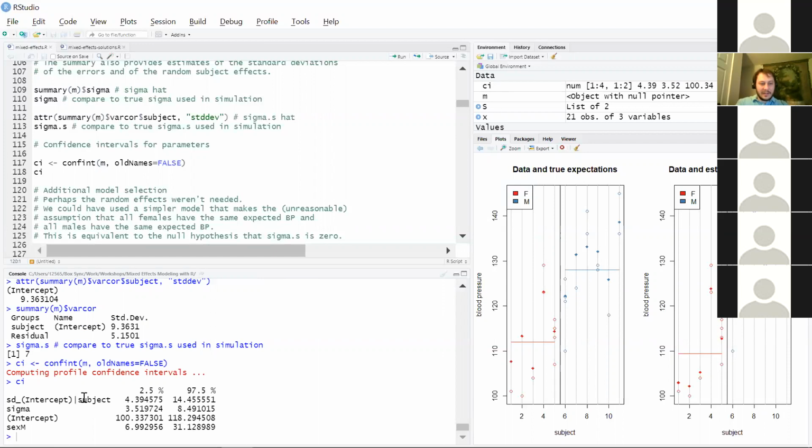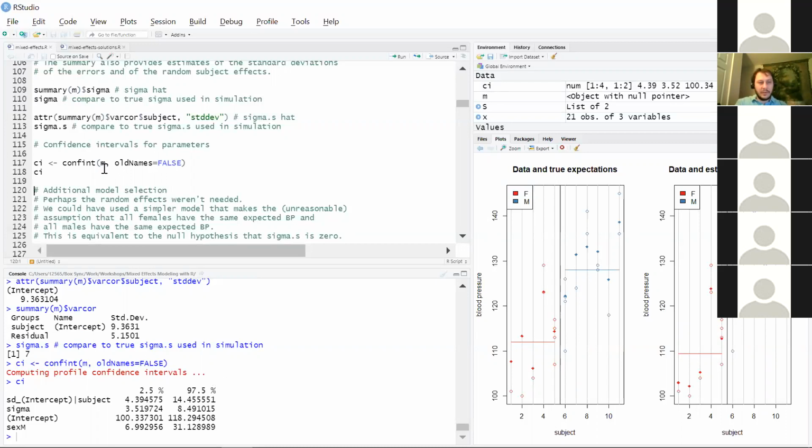And SD intercept given subject, that's the other thing. That's the only parameter left. It's the standard deviation for drawing the individual's deviations from their group expectation. So we have an estimate of 9.36, and here's a 95% confidence interval for it.